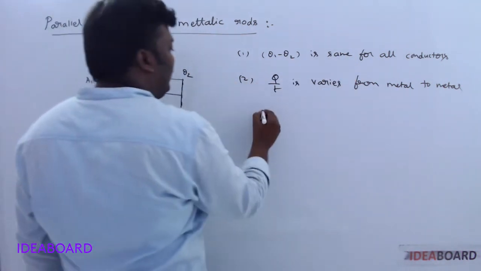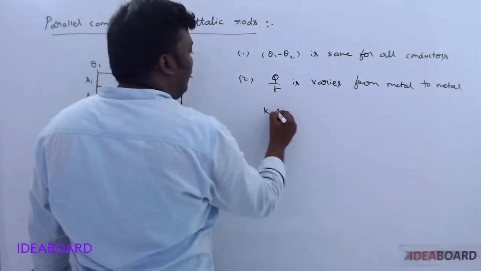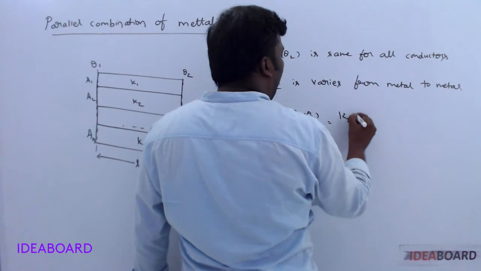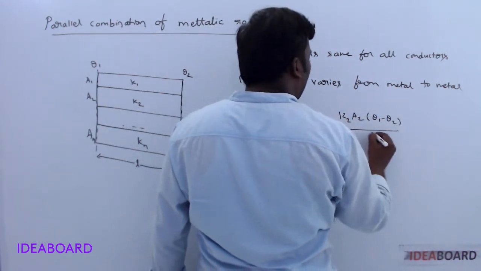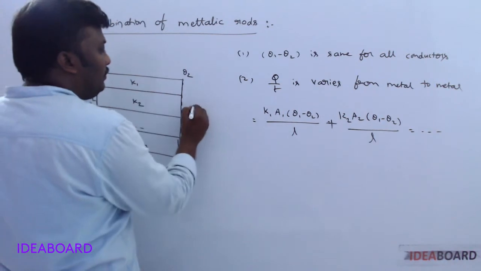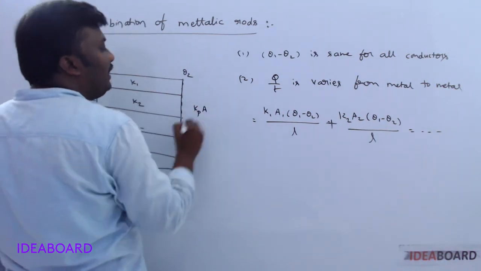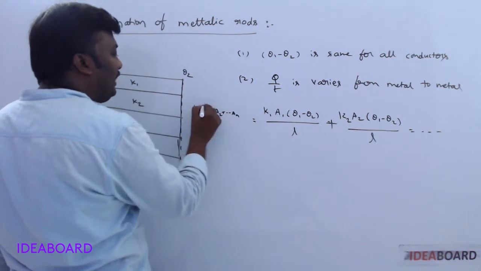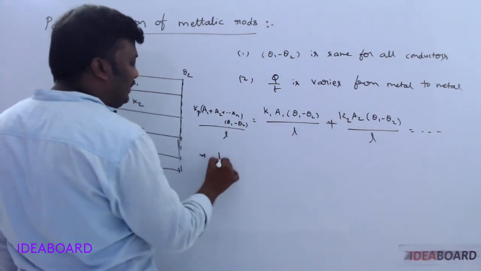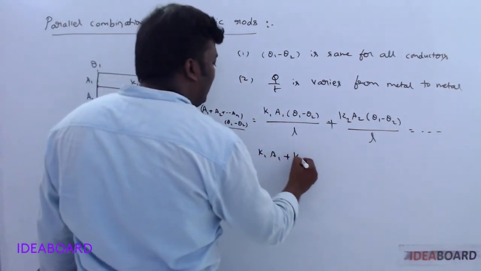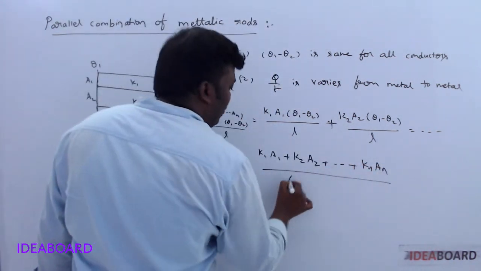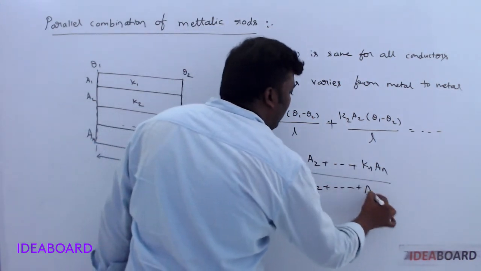Now the formula for Q by T: K1 A1 times the temperature difference by length L, plus K2 A2 theta 1 minus theta 2 by L, and so on, is equal to the total, Kp times the total area A1 plus A2 plus so on up to AN, into the temperature difference by length L. Since theta 1 minus theta 2 by L is common everywhere, Kp is K1 A1 plus K2 A2 plus up to Kn AN, divided by A1 plus A2 plus so on up to AN.